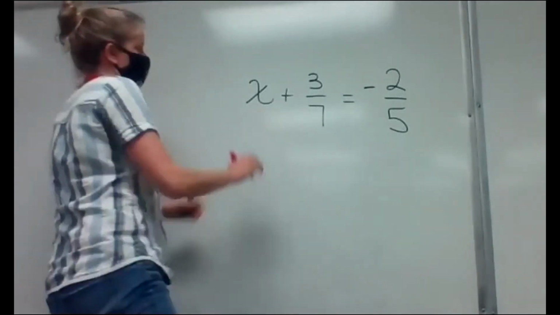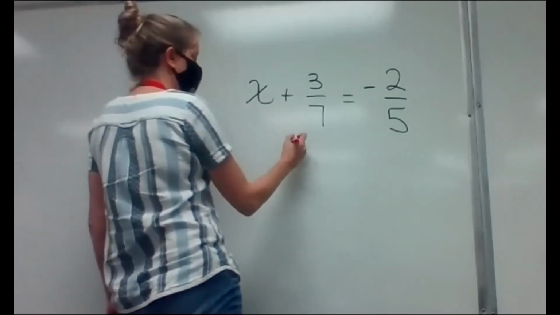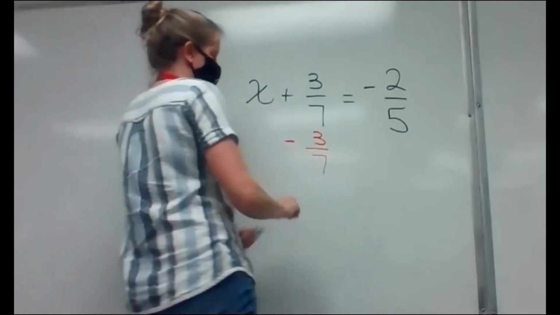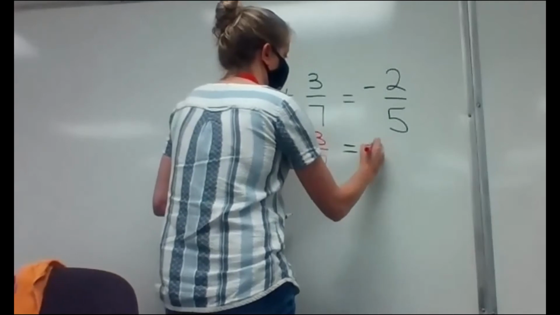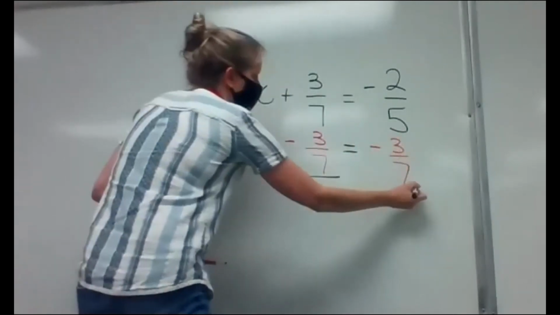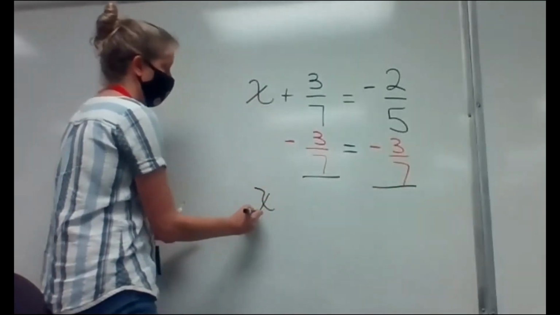Okay, so again, to get x alone, I need to get rid of the plus 3/7 with a minus 3/7. If I do it to one side, I have to do it to the other. So minus 3/7. Drop down my x.